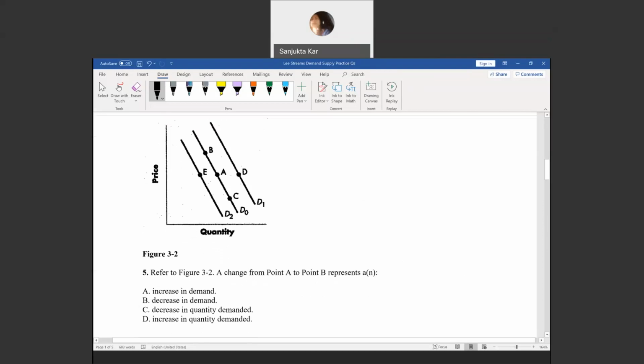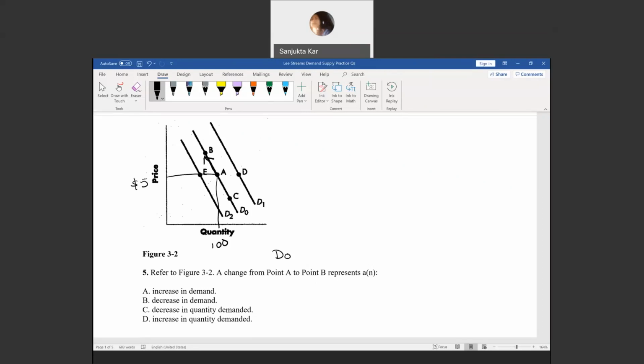Question number 5. We are looking at the demand curve D0. It says a change from point A to B. What's going on here? Looks like the price is changing. Let's say at point A, the price is $5 and the quantity is 100.